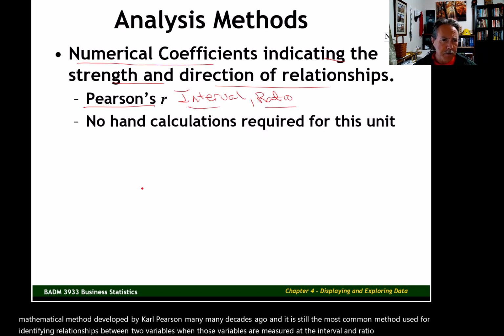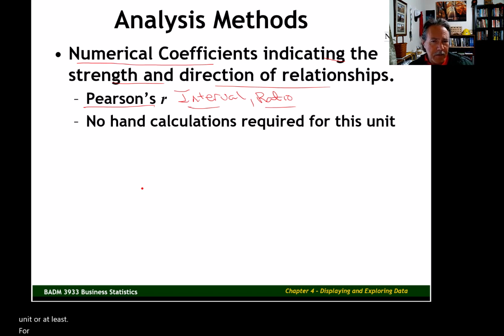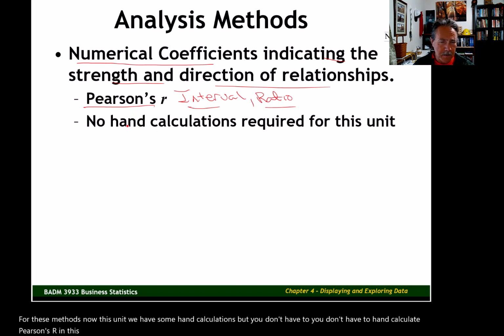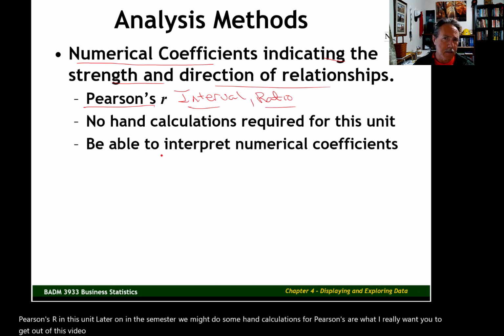Now, in this unit we have some hand calculations, but you don't have to hand calculate Pearson's R in this unit. Later on in the semester, we might do some hand calculations for Pearson's R. What I really want you to get out of this video is the ability to interpret numerical coefficients, understand what the numbers mean.